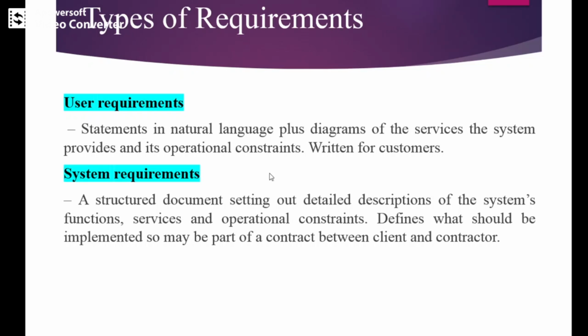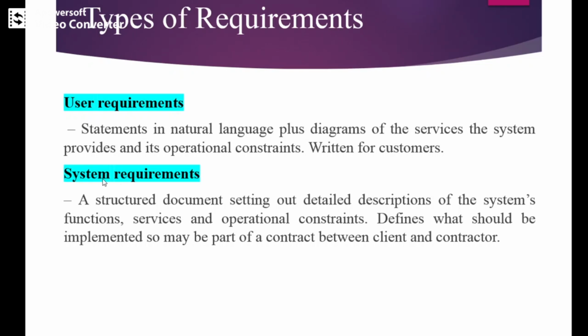So statements in natural language plus diagrams. There might be diagrams of the services the system provides. They can give a rough sketch of how the system should look and what service it should provide. These requirements are nothing but statements in natural language, and they can also include diagrams. So they are mainly written for the customers.